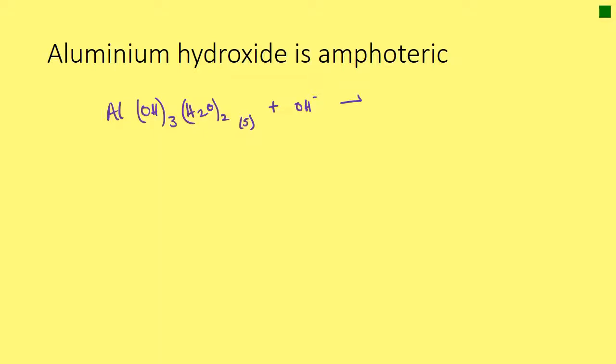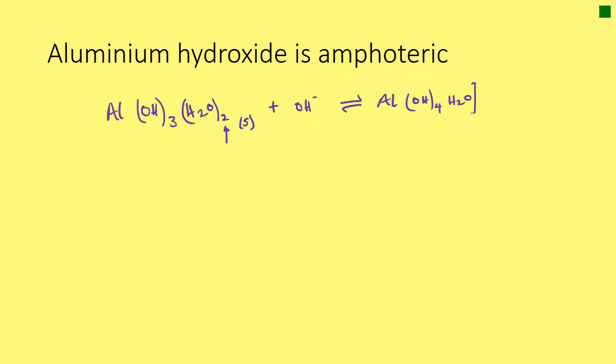So we've added our hydroxide there, and what happens is we've still got our aluminium 3+ ion in the middle of the complex, but we now have 4 hydroxide ions because one of these water ligands has donated a proton and turned itself into a hydroxide ligand instead, and leaves us with only 1 water ligand.